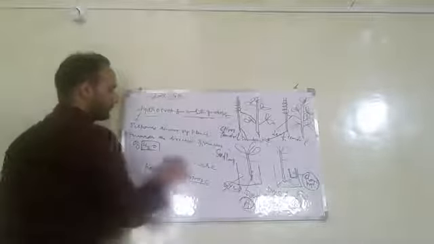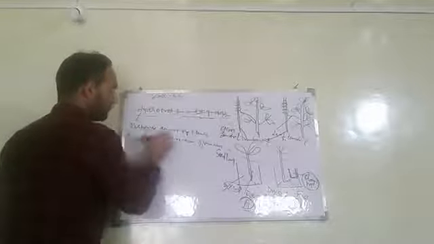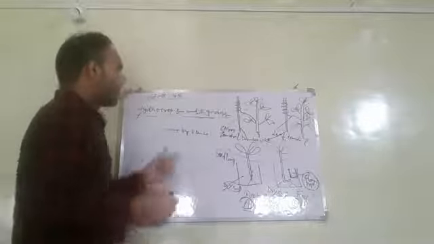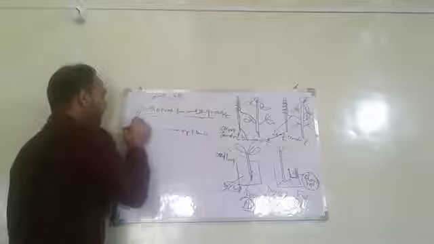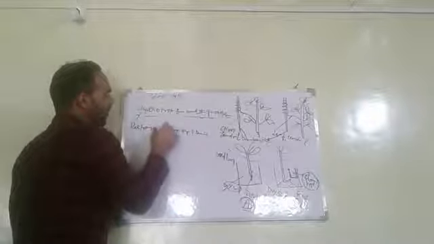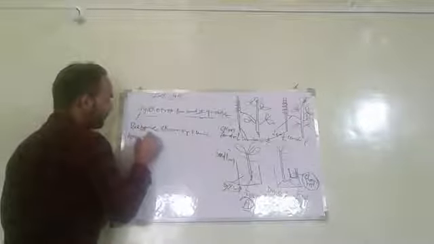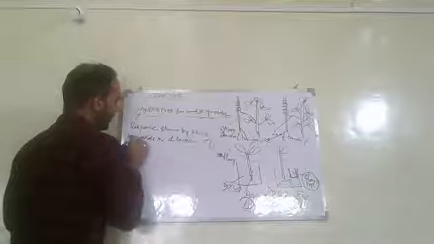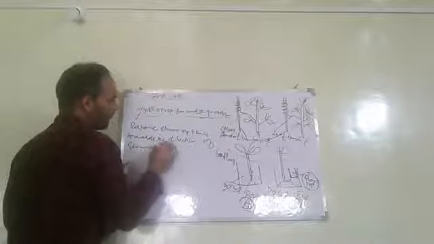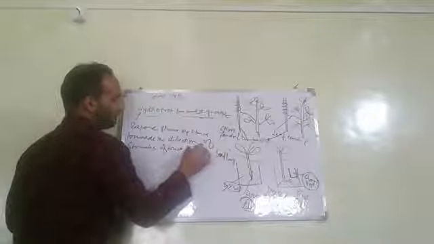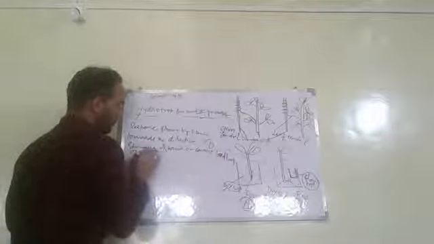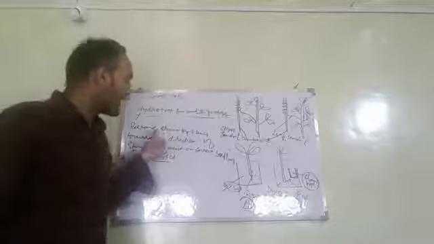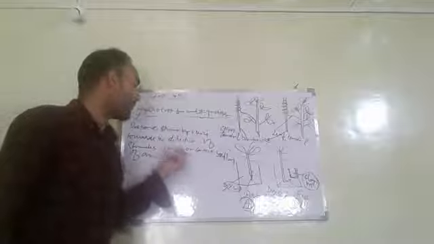What is thigmotropism? Thigmotropism can be defined as the response shown by plants towards the direction of the stimulus of touch or contact of an object.